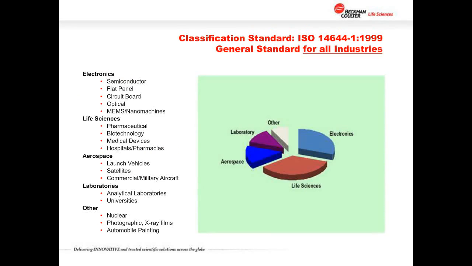It's important to realize that this standard affects or is used by all industries. It's not just a pharmaceutical or medical device or biopharmaceutical standard. It really relates to anyone working in a clean space and wanting to understand the level and concentration of the particles in the air, and again, knowing that it's appropriate for their particular use, it's clean enough.